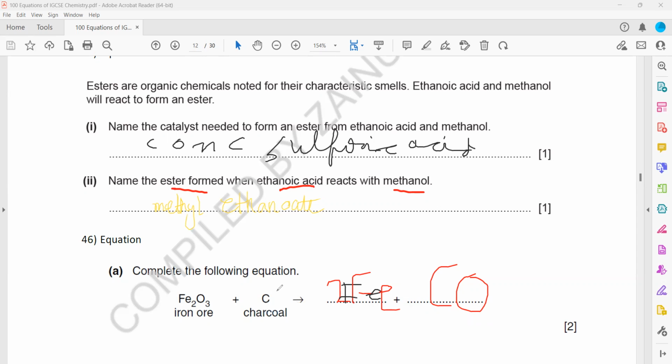You can put a number before it as well, because this is from a past paper from before 2010, so they don't usually provide space for writing the coefficient. You can complete it with carbon monoxide or carbon dioxide. Usually carbon dioxide is the stable product, so try to complete it with carbon dioxide. So iron plus carbon dioxide. Then balance the equation. Put 3, and the equation will be balanced.